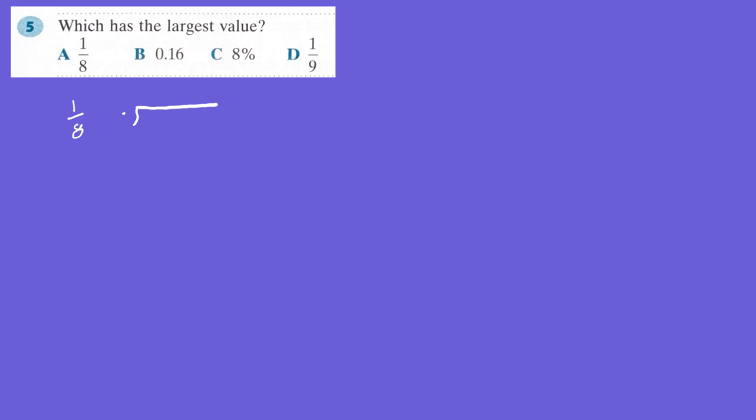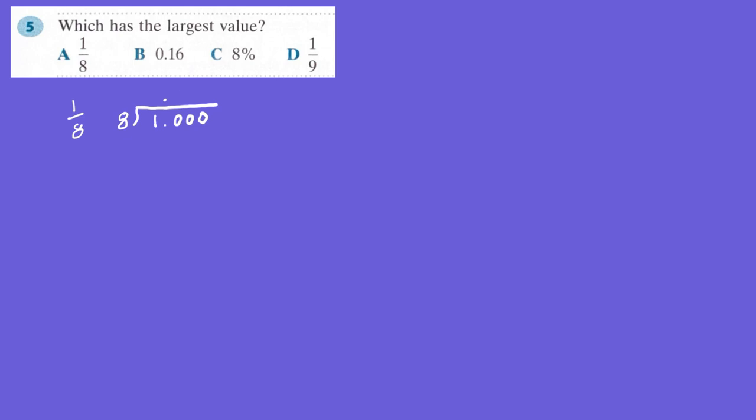I'll divide 8 into 1 and I'll add a number of zeros after the decimal point because I know that they'll be needed there. Now 8 into 1 doesn't go, but 8 into 10 does. Because I've got a decimal point here, I must put 1 there.